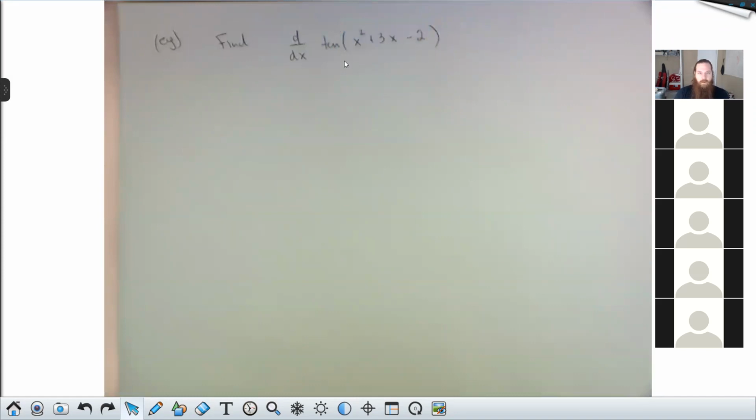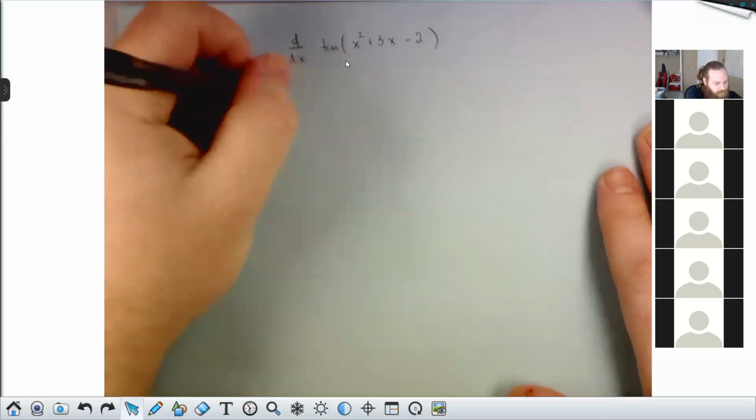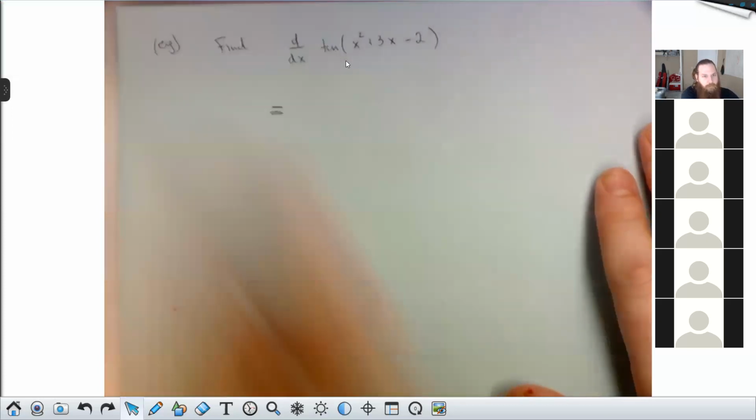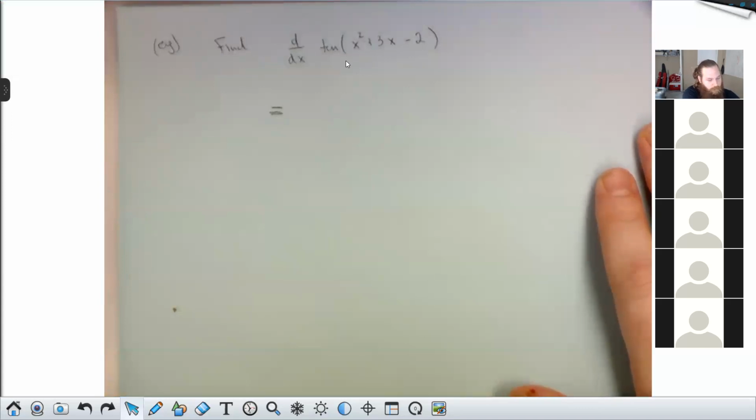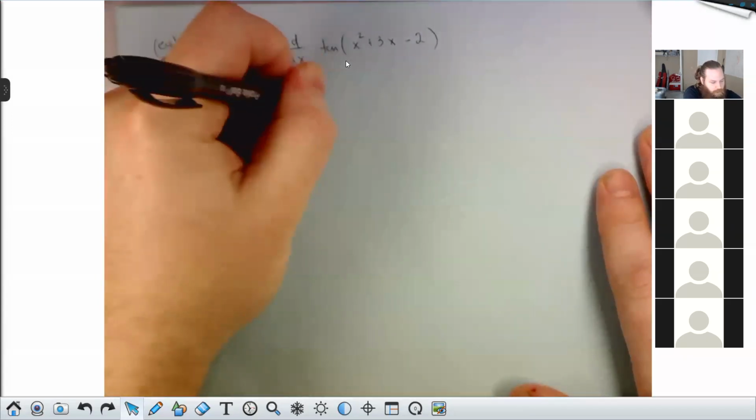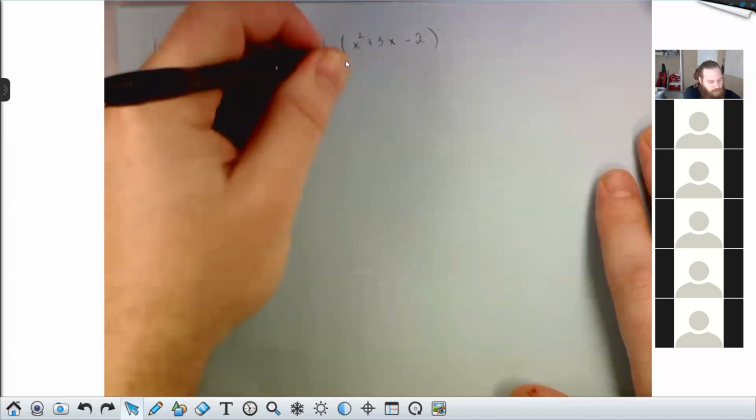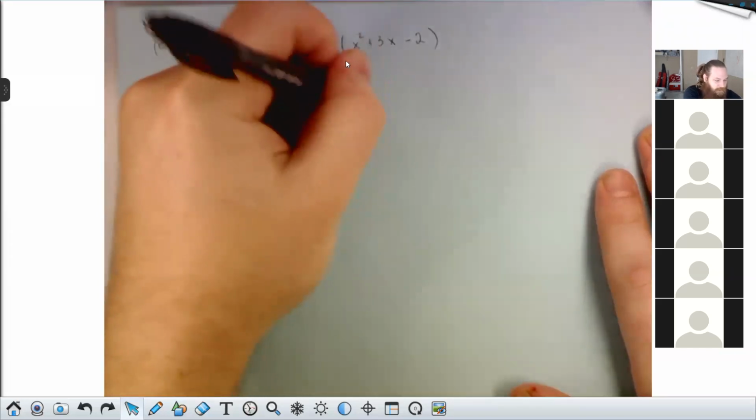To get started, I just have to remember what the derivative of the outer function is. So what is the derivative of tangent? Secant squared. Good. So I'm going to differentiate the outer function, the tangent, to a secant squared and leave the inside alone.